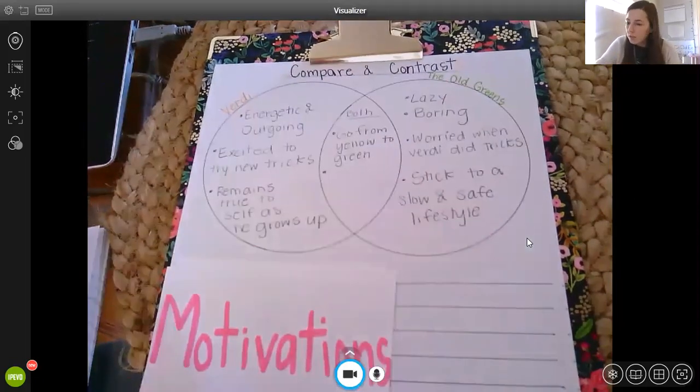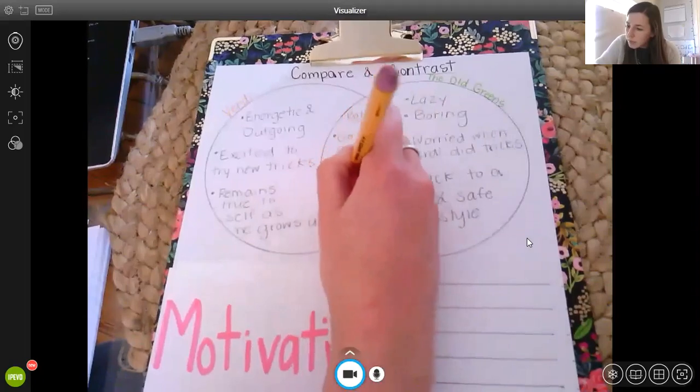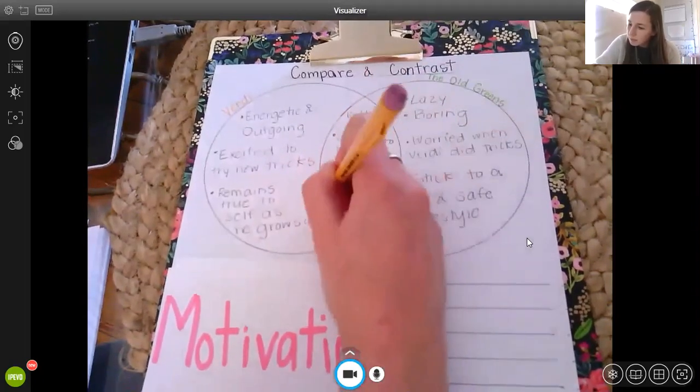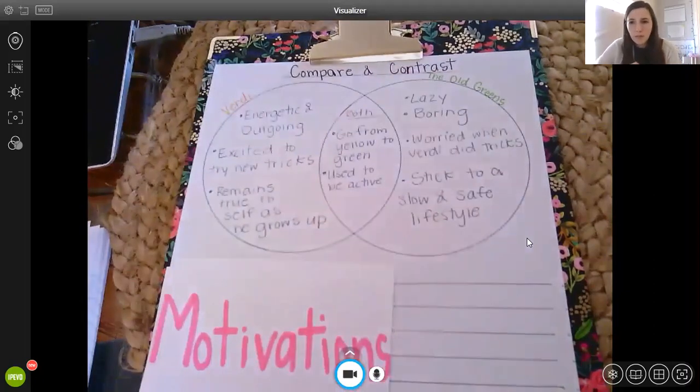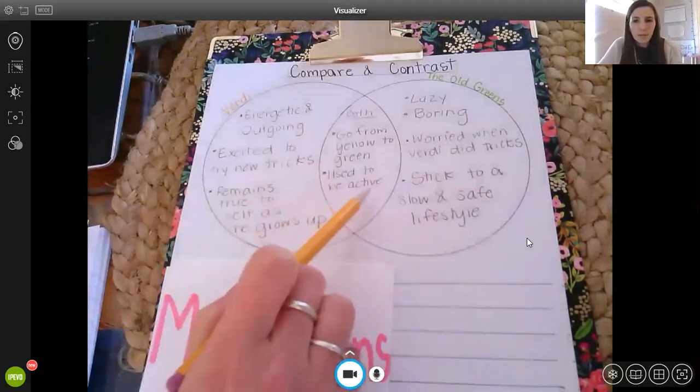They also used to be very active. Verdi remains somewhat active from time to time. The old greens, we learned, do not like to be active anymore because they used to be super active, so much so that they even got hurt sometimes. So that's something that they share in common as well.